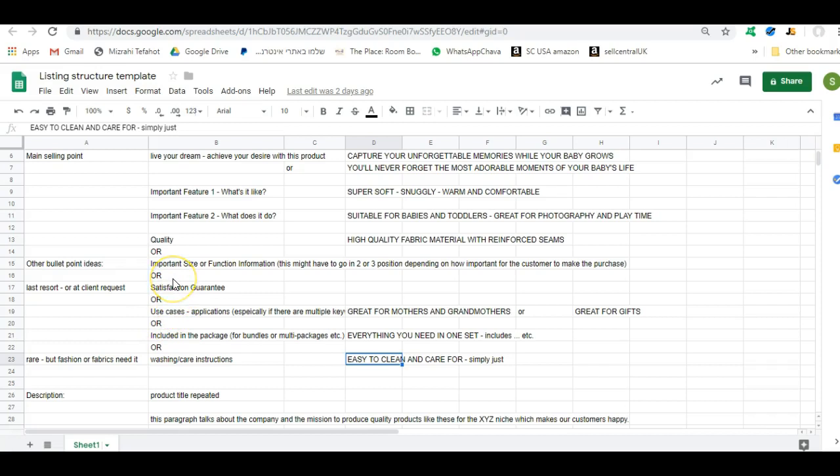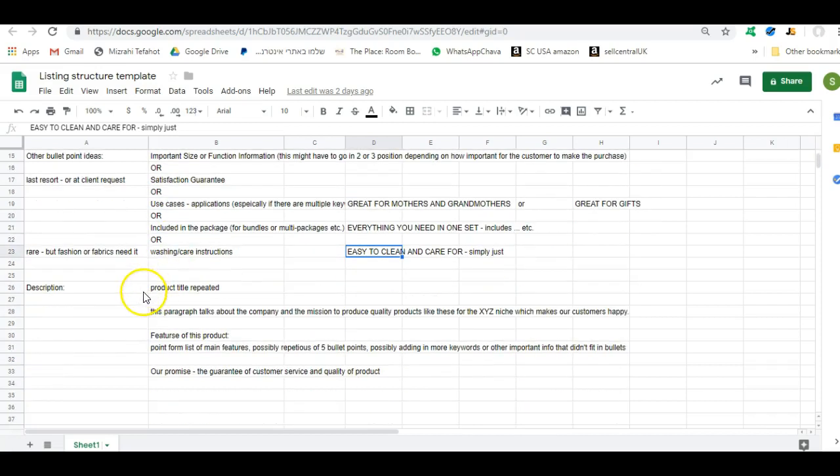So for the description, I first start off by repeating the title of the product. There's two options here. One idea that's very popular is to go right to the features, and you do a recap basically of your bullet points in point form.